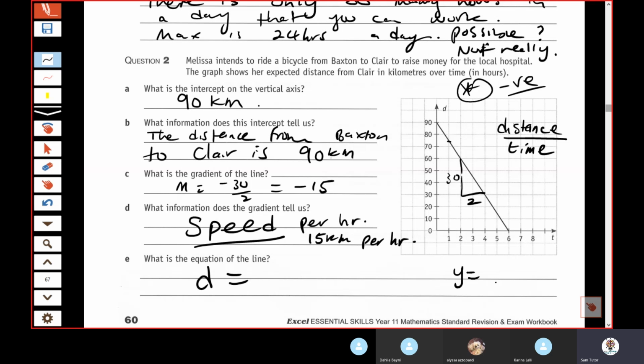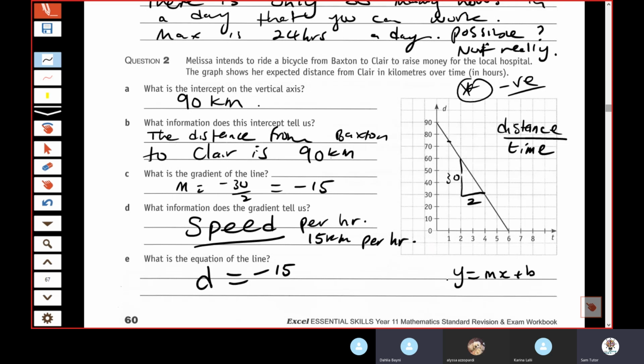Y equals what? y = mx + b. Yeah, so you first have to say your m. So what's your gradient? D equals? Would that be t? No, your gradient is here. What is the gradient of the line? Negative 15.